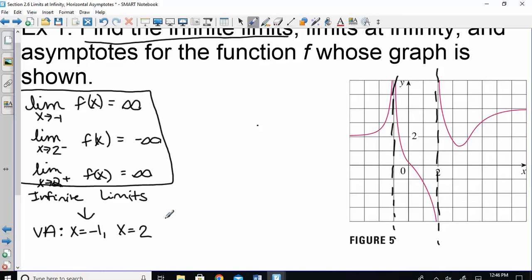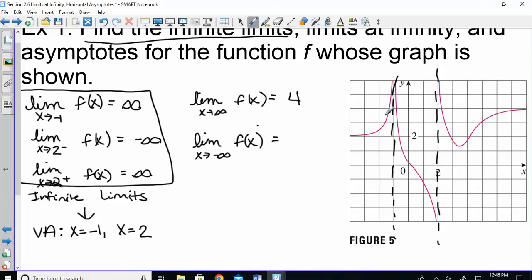All right. So then I want limits at infinity. There are only two options here. You can have the limit as you approach positive infinity or the limit as you approach negative infinity. As we go forever in the positive direction, is this flattening out and giving us a single answer? What is that? 4.